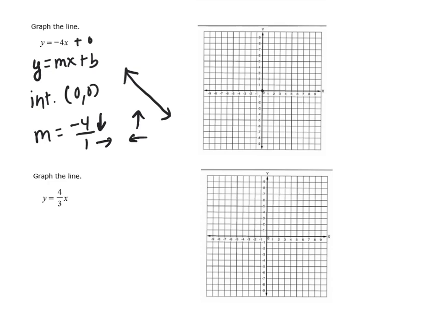All right, so we're going to go up 1, 2, 3, 4, and over 1. Up 1, 2, 3, 4, over 1. I can go down 1, 2, 3, 4, over 1. Down 1, 2, 3, 4, over 1. I'm going to do my best just to draw that. Okay, and that would be your line. That's how you would graph it.